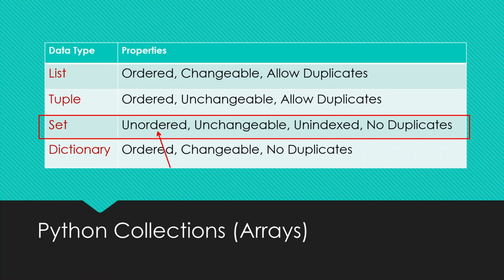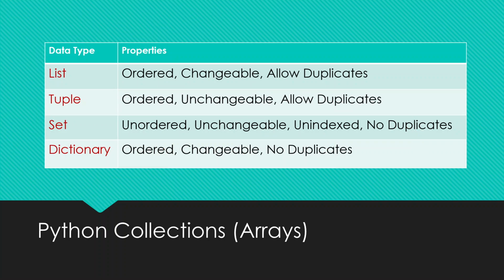It is unordered, meaning that the items stored in it are not in any particular order. So I'm going to demonstrate that you cannot change values inside a set. It's also not indexed, and you cannot have duplicates. So those are the properties that I want to demonstrate in the next 4 minutes. So let's dive in and do some coding.